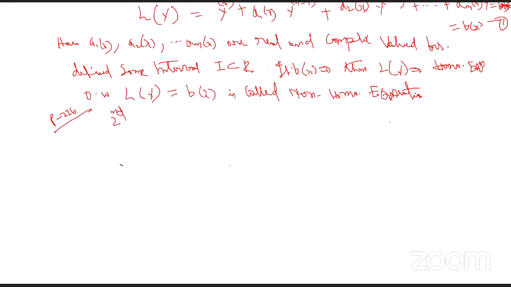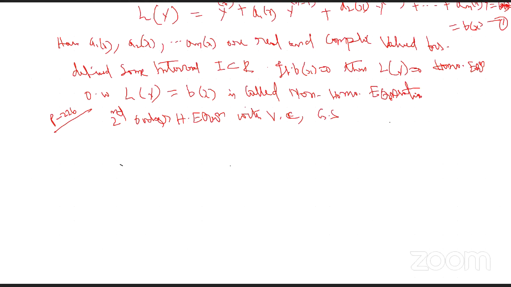VC means variable coefficients, and GS means general solution.